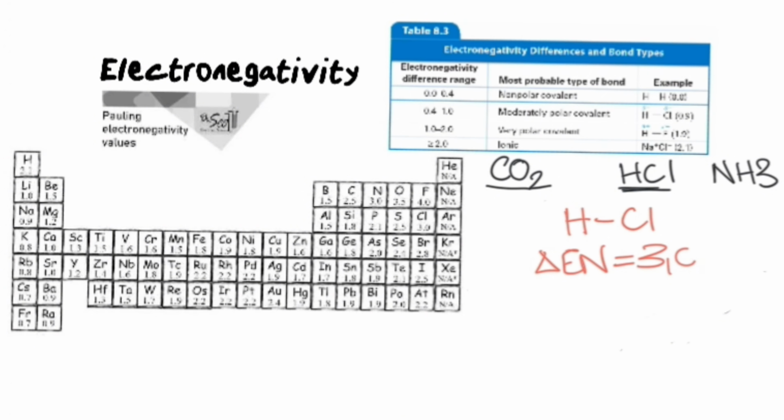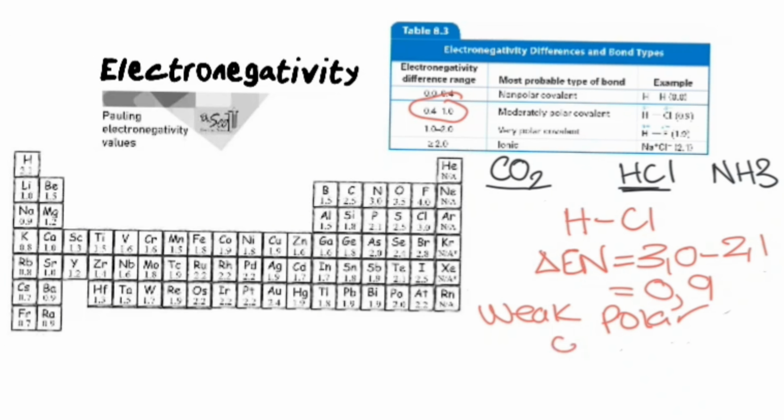So 3.0 minus 2.1, and the answer is 0.9. Now 0.9 also falls in this region, which means that it is a weak polar covalent bond.